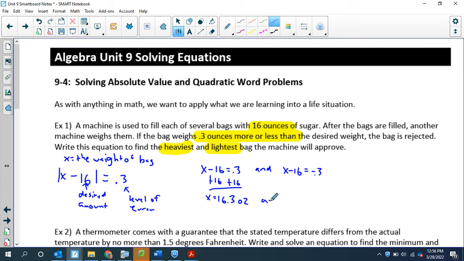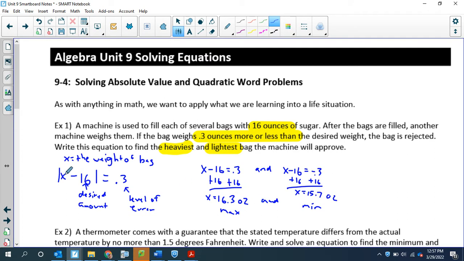And so that's our maximum. The minimum, we would add 16 again, and we would get 15.7 ounces is our minimum.